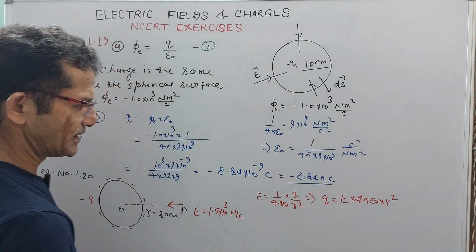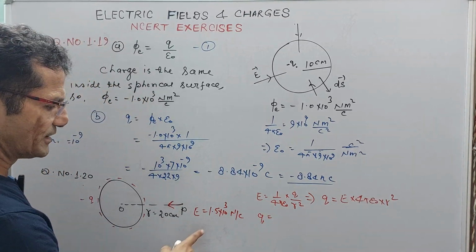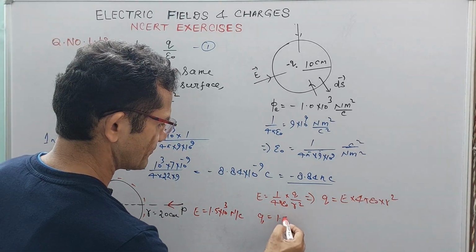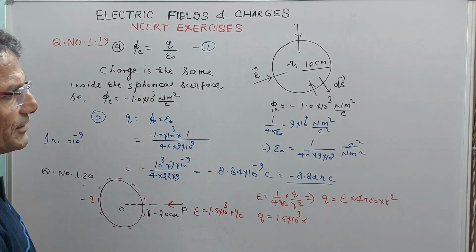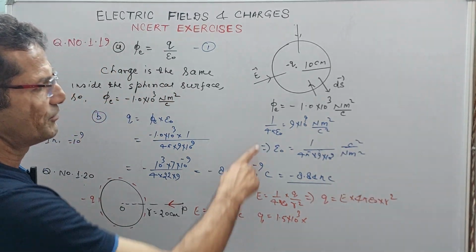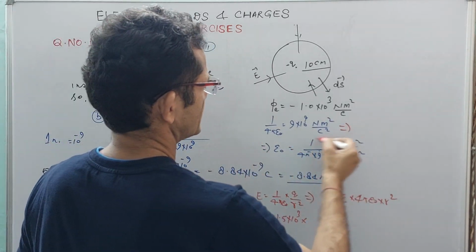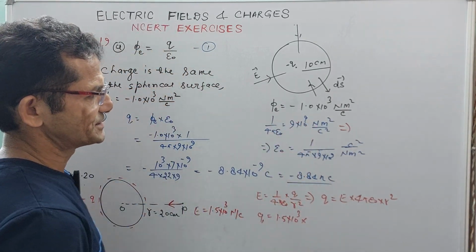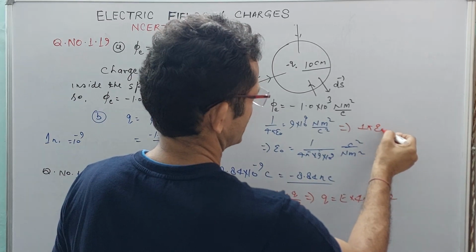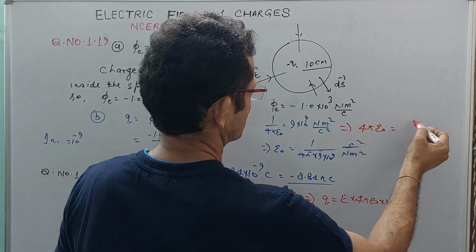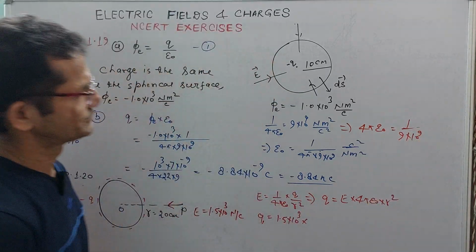Now putting all these values, Q will be, E has the value in SI system 1.5 into 10 raised to the power 3, and 4 pi epsilon naught, where 1 upon 4 pi epsilon naught has the value 1 upon 9 into 10 raised to the power 9 in SI system.